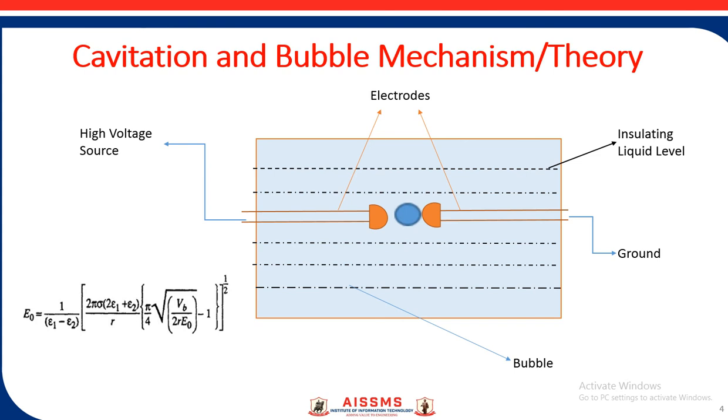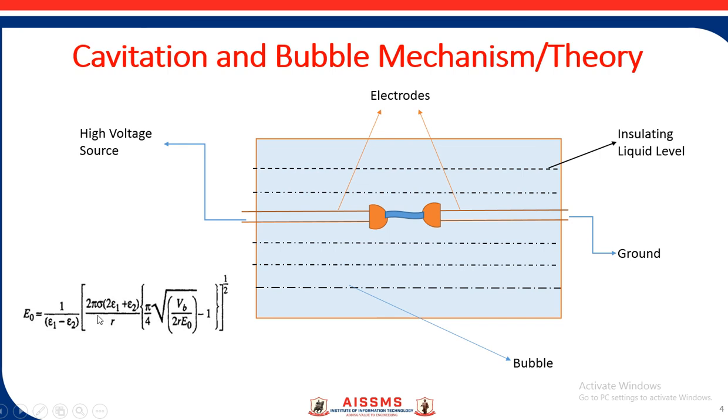However, breakdown will occur when the voltage drop across the length of the bubble equals the minimum value on the Paschen's curve. This breakdown field is given by this equation over here.